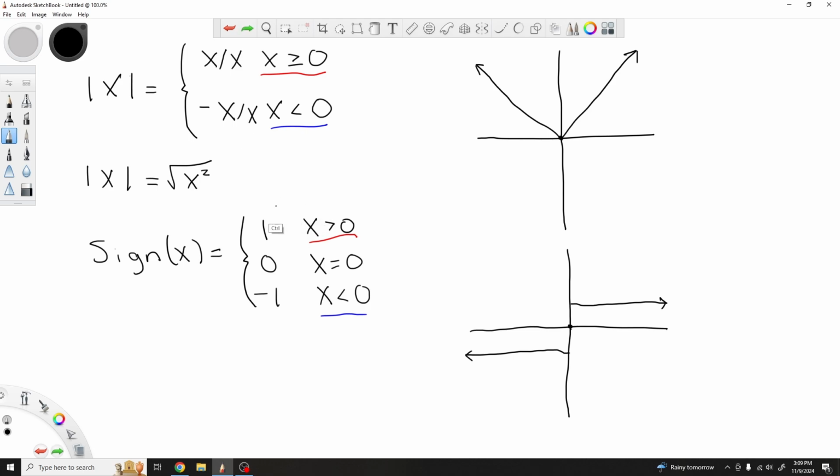So let's write that out real quick. Sine of x equals the output of the absolute value function divided by the input. There's actually another way that we can write this function, and that is by taking the input and dividing it by the output of the absolute value function.